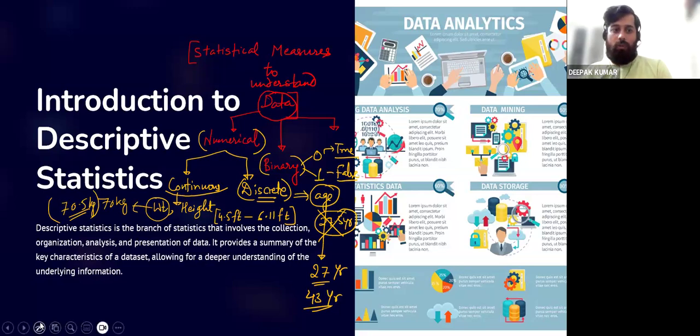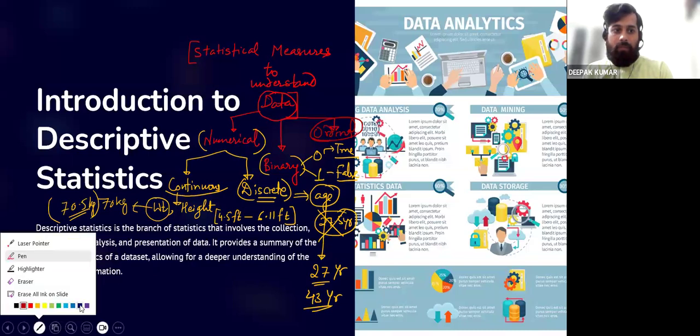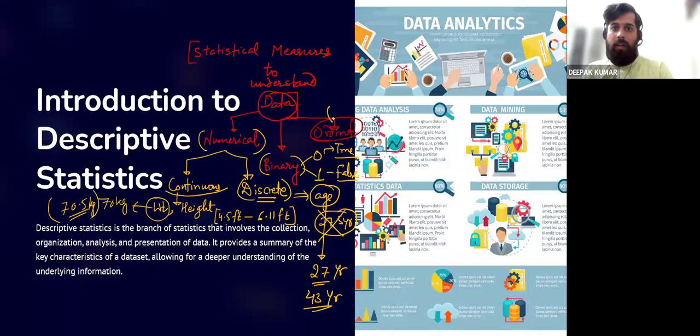Similarly, data could also be ordinal. If you remember, ordinal data means the data which you can compare. Like you have done a survey and taken feedback about a product launched by Google or YouTube, which is surveyed and comparable.